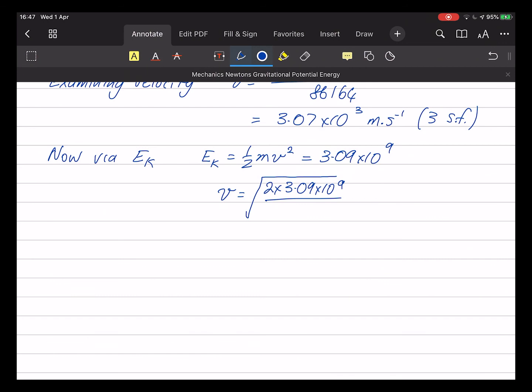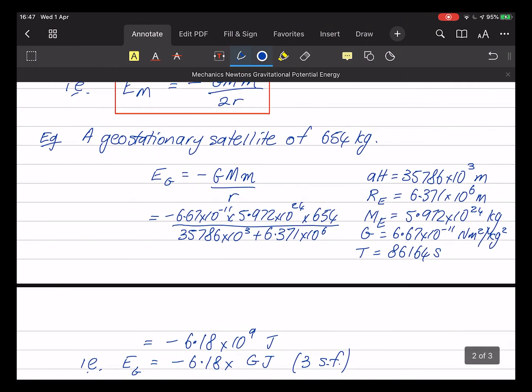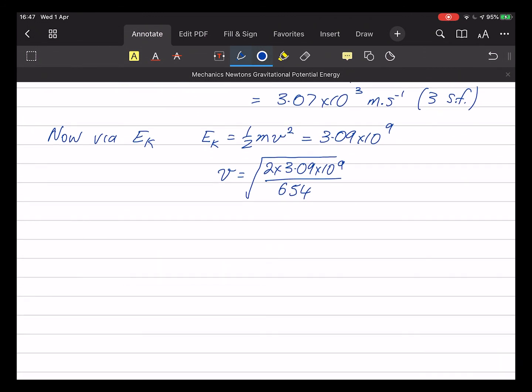All right, so 2 times the value for the energy divided by the mass, which I've forgotten in my excitement. 654 kilograms.